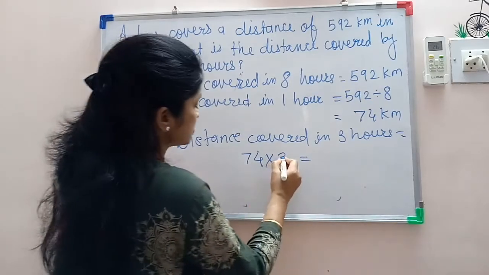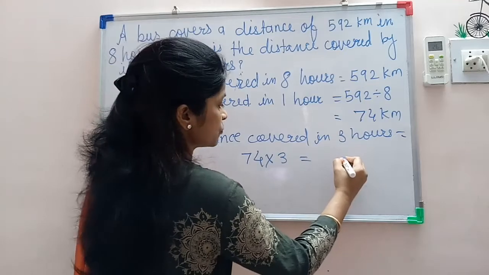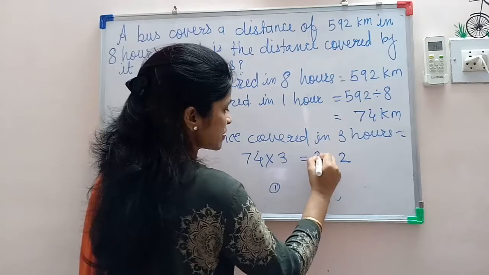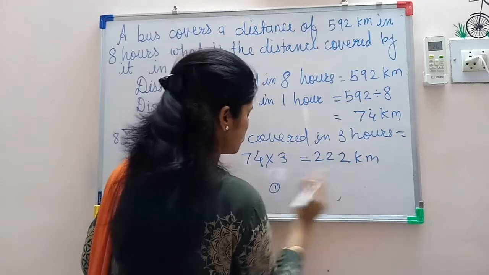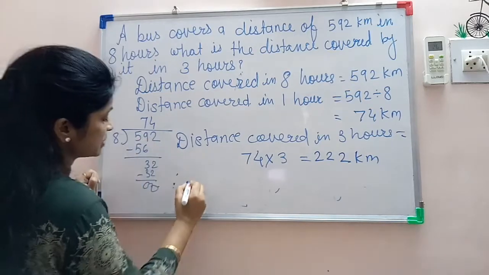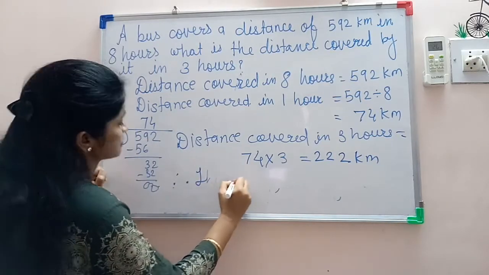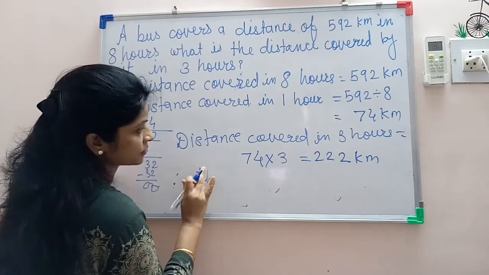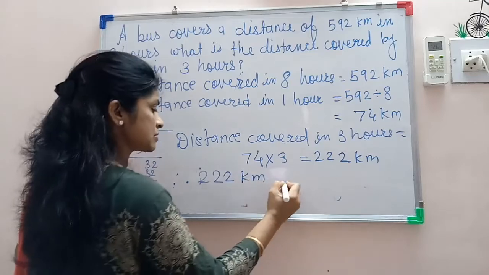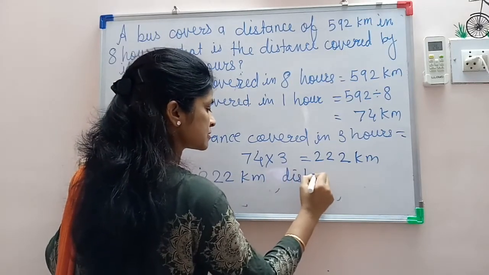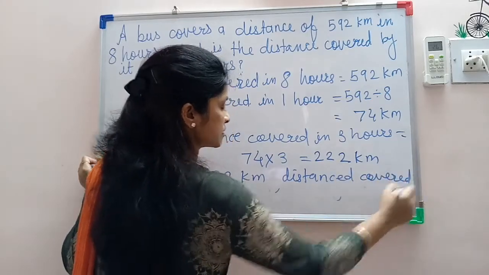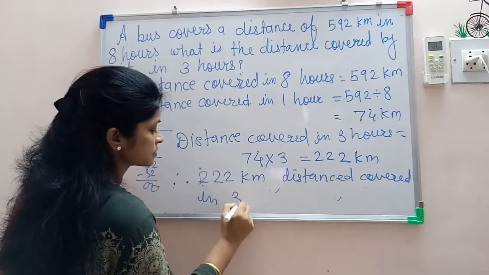For that, 3 4s are 12, 1 carry, 3 sevens are 21, 22. So we have to write, therefore the distance 222 kilometer distance covered in 3 hours.